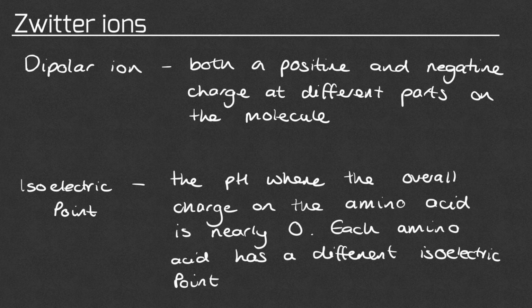An isoelectric point is where the overall charge on the amino acid is nearly 0. Each amino acid will have a different isoelectric point because each amino acid will have a different R group. Zwitterions can only exist near the isoelectric point because if the overall charge is nearly 0, you must have both ions present, both the positive and the negative charge present.